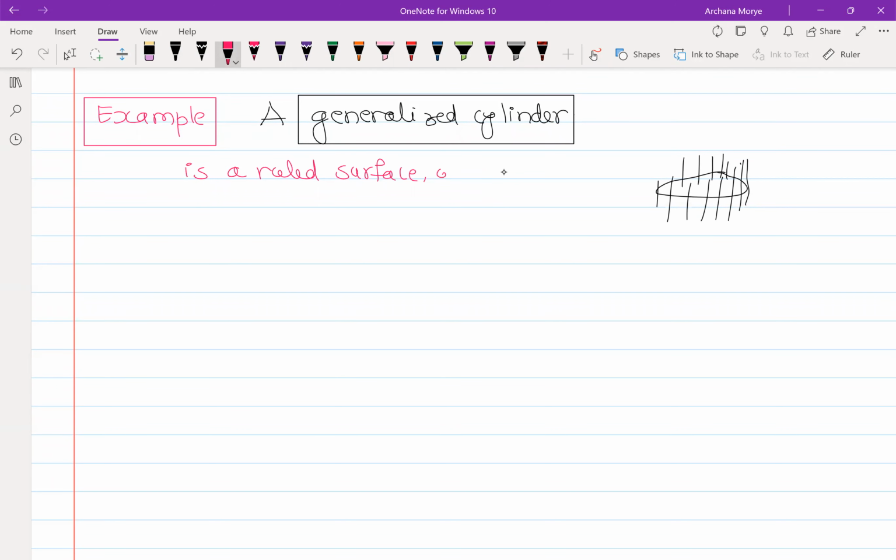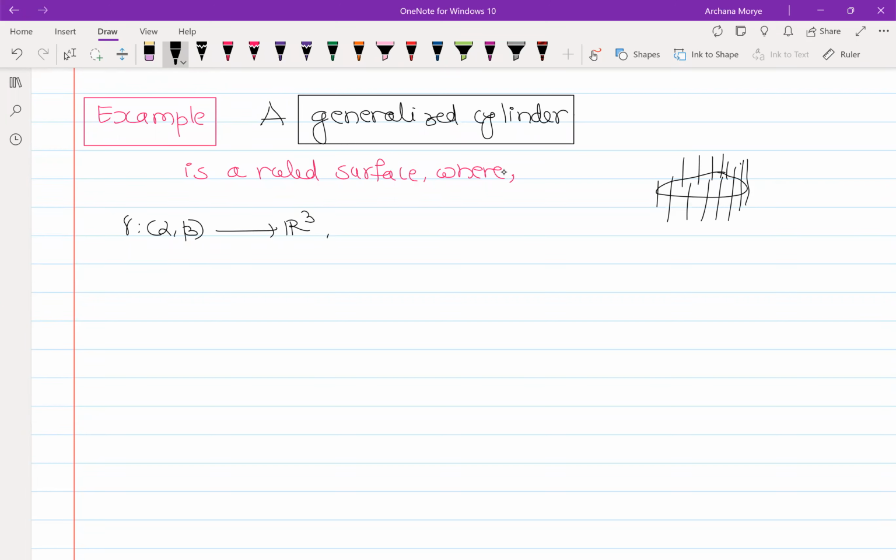What we are generalizing here is the curve, which is a circle for the cylinder, and that can be any curve. So instead of this circle, you will have another curve, which let me denote by gamma.